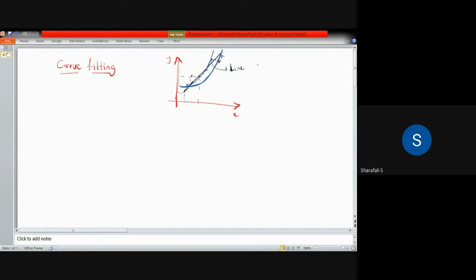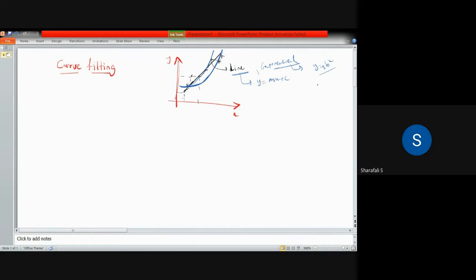You can use a linear curve, an exponential curve, or any polynomial with different degrees to fit this data. When you fit, that will give you one particular curve with some equation. If it is linear, you will have something like y equal to mx plus c. If it is exponential, you will have something like y equal to some constant times e raised to x.